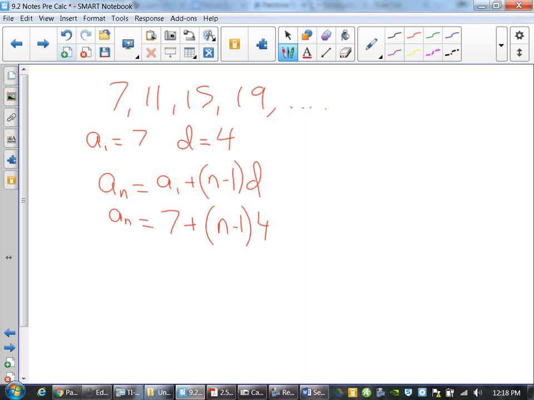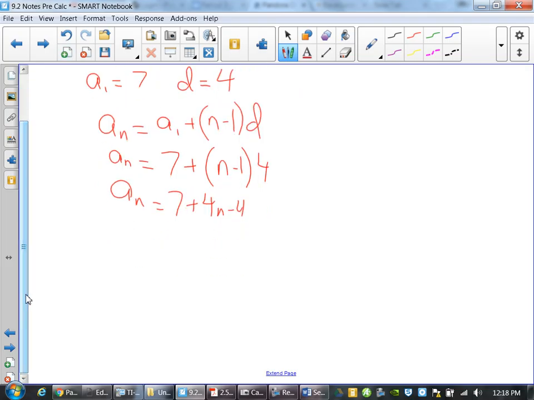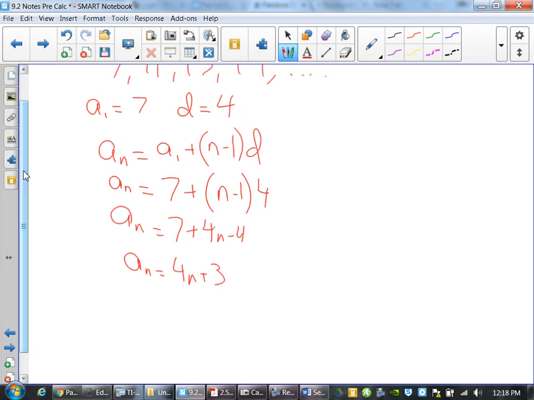Distribute. And then combine like terms. And you get that equation. That's how you did it last year. I'm hoping most of you guys remember that.